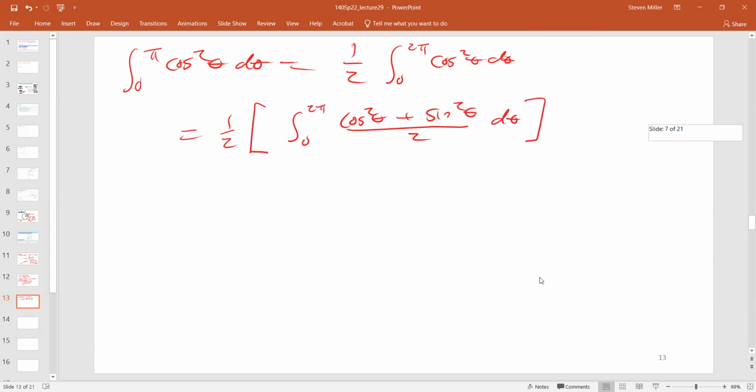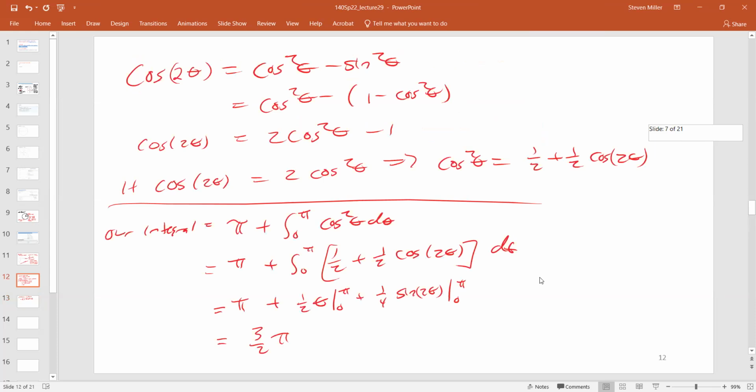Now it should be clear why I did this. What's the next line of simplification? What do I do next? Take the 1/2 out. Okay, let me see. Did I make a mistake on the previous slide?